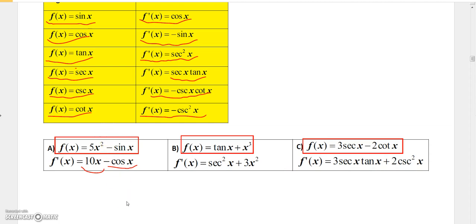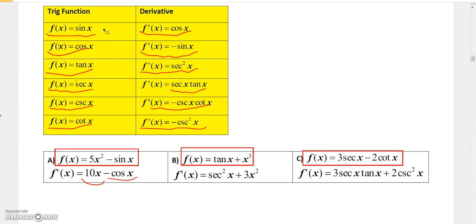If you want to see some more, you can just follow my videos until you get to the more complicated trig functions, where instead of finding the derivative of, say, sine of x, we'll actually find the derivative of sine of some function of x, like sine of x squared or sine of x cubed.